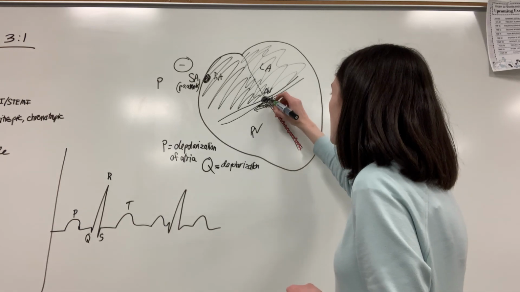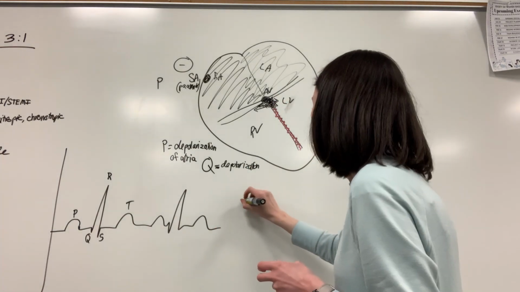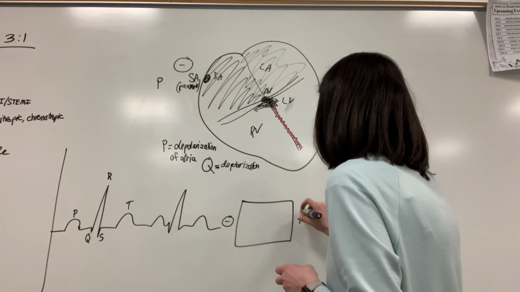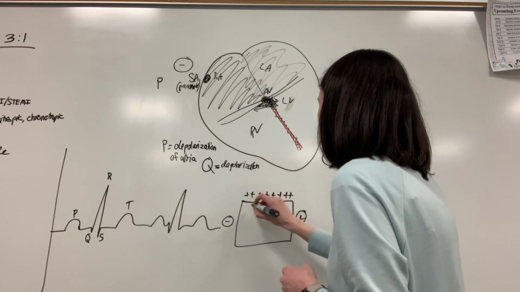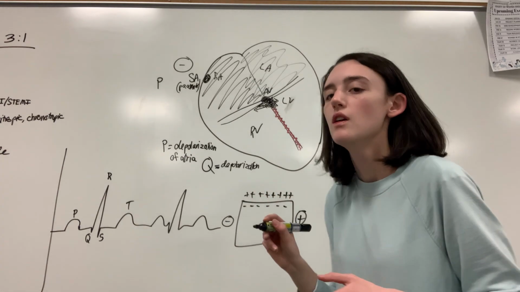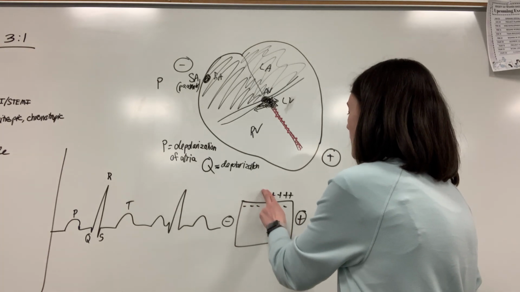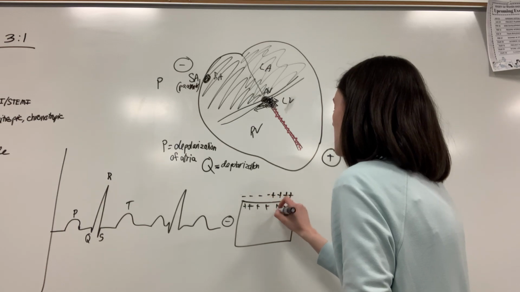I'll quickly show you what's happening. Pretend these are the charges of a cell. When we depolarize, the charges on the outside of the cell become negative, and the charges on the inside become positive.